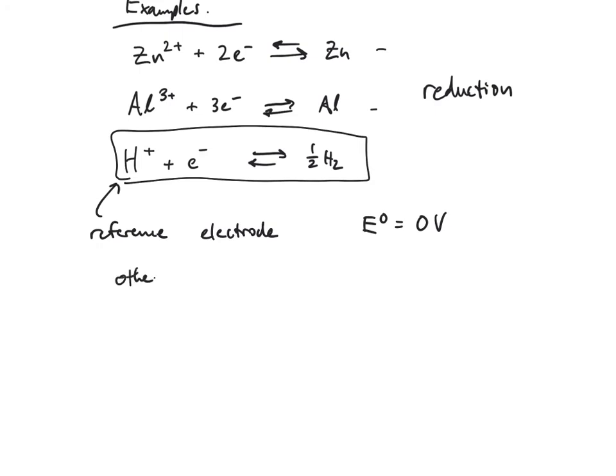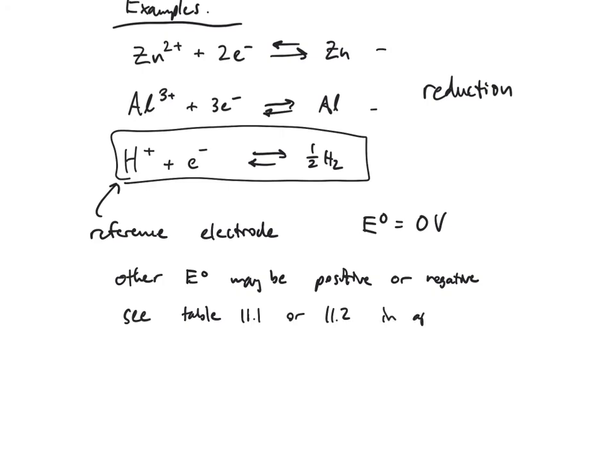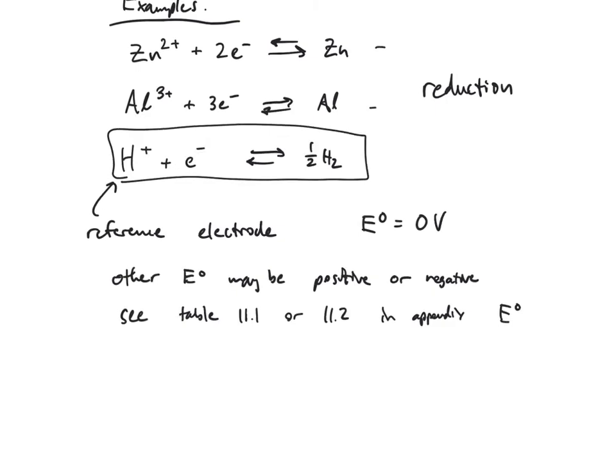And the other reactions' E0s may be positive or negative. And you can see table 11.1 or 11.2 in the appendix to find the E0s of any of these other reactions.